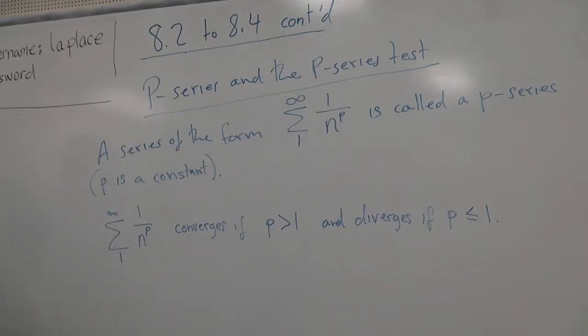So that is called a P series. I'm not sure why they use P, but they always use P. They call it a P series. P is the generic constant.